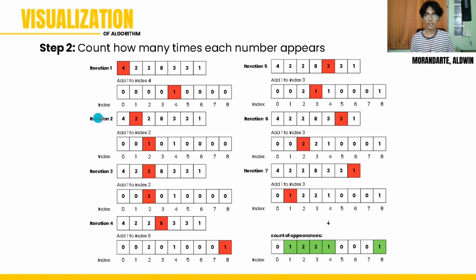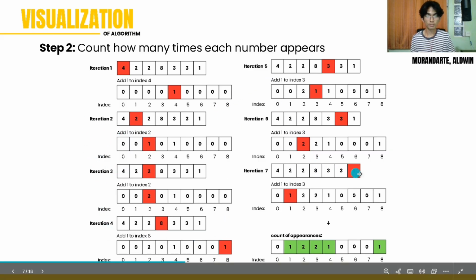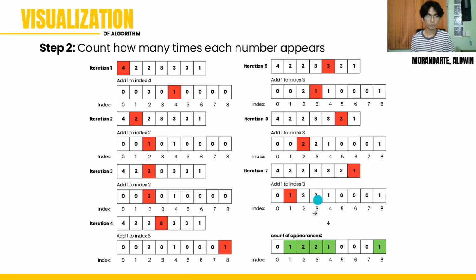At iteration 2, we have 2 as the next value, and going to the count array, we add 1 to the index equivalent to the current element in the sample array. This process is repeated until we reach the end of the input array.